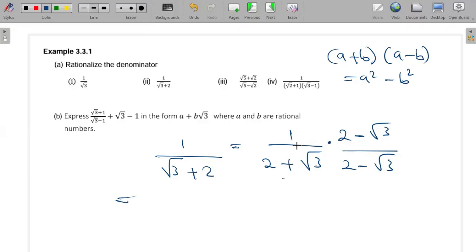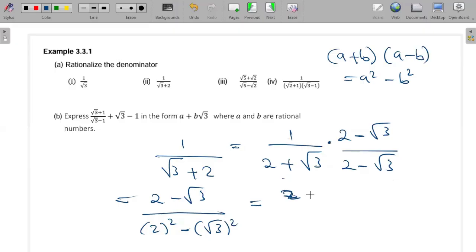In the numerator, it will just be 1 multiplied by this, which is 2 minus root 3, divided by 2 squared minus root 3 squared. So this gives me 2 minus root 3, divided by 4.